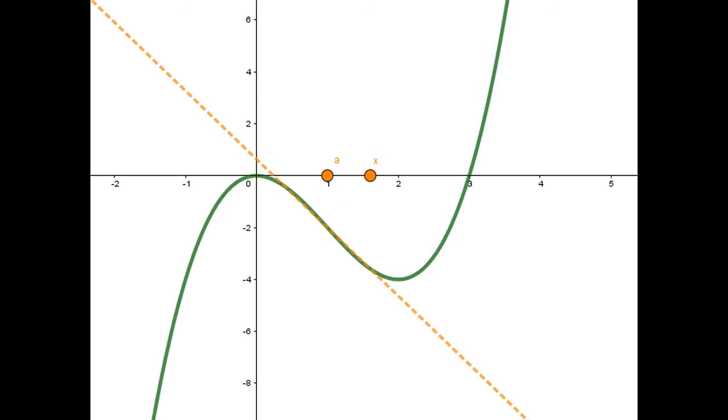So let's show that situation back on our dynamic graphing, right?